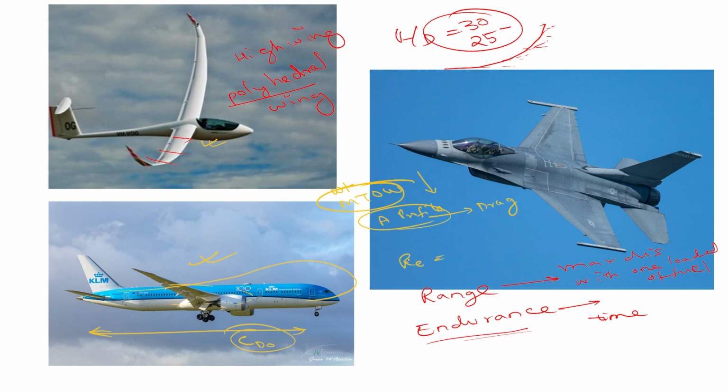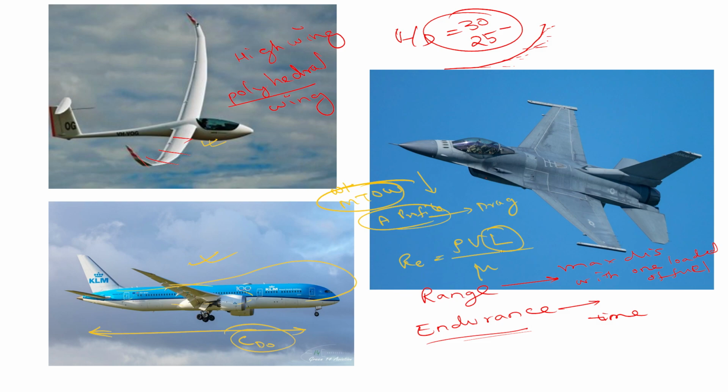So what is the basic formula for Reynolds number? Rho V L by mu. When we use it for a wing, we use the chord length, and when we use it for the fuselage, we use the length of the fuselage.